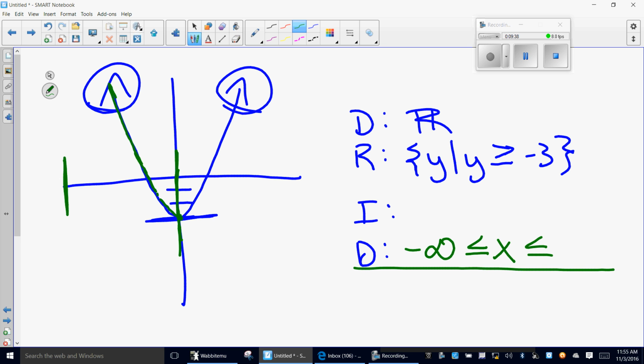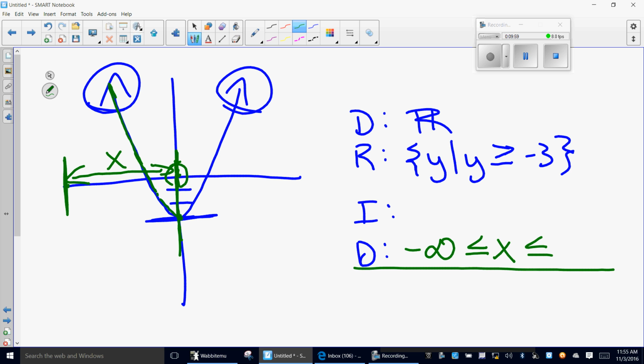I do agree I'm down to negative 3, but I'm talking about from here to here on the x. That's what I'm wanting, okay? So where am I decreasing? I'm decreasing from negative infinity all the way to 0. Does that make sense?